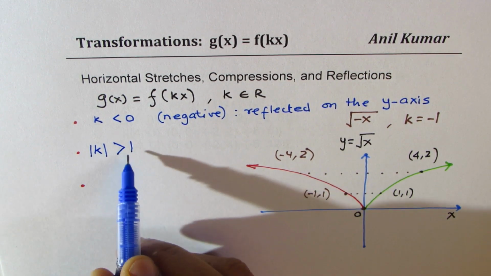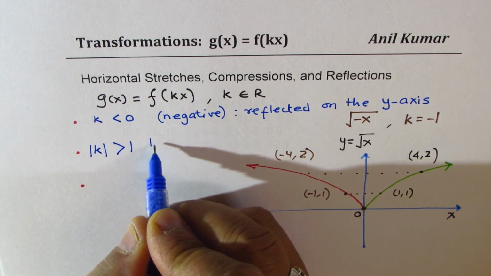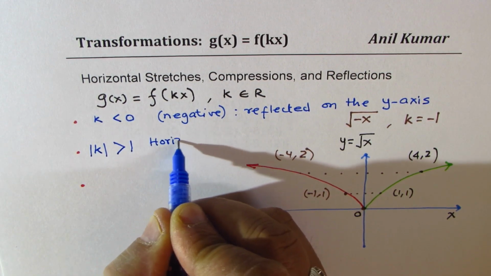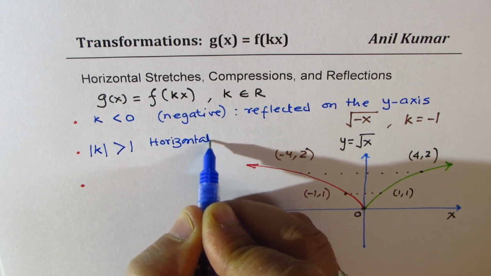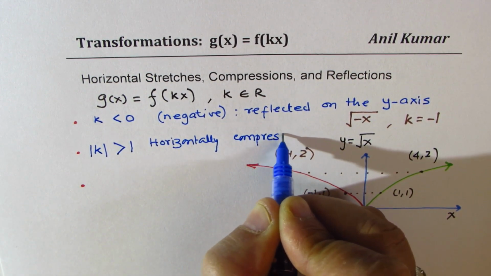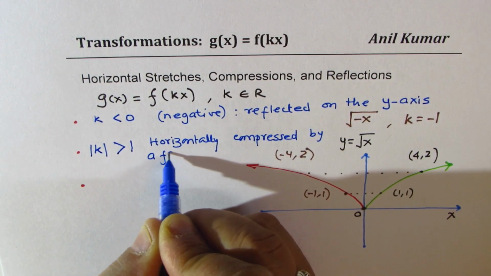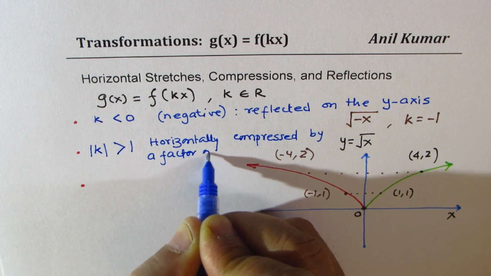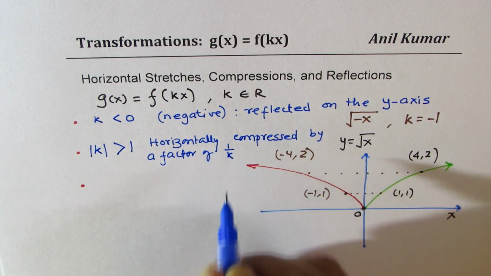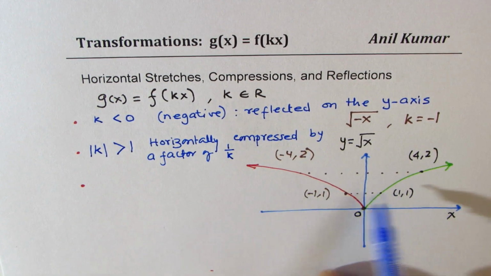If it is greater than 1, in that case, the graph will be horizontally compressed by a factor of 1 over k. So if k is 2, it becomes half horizontally.